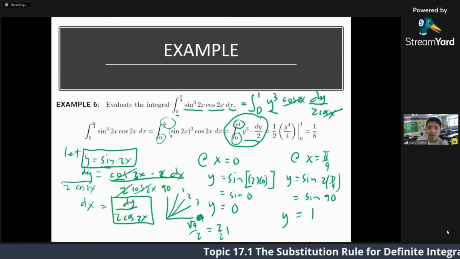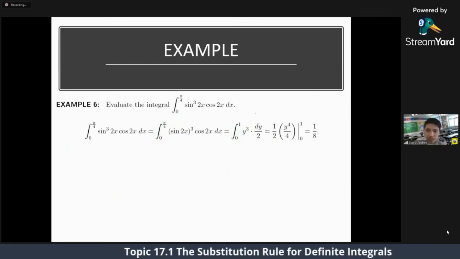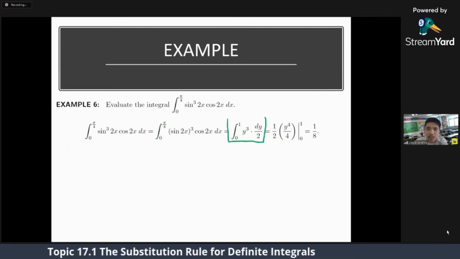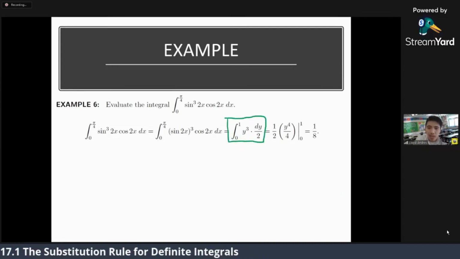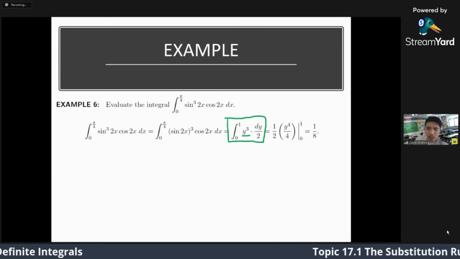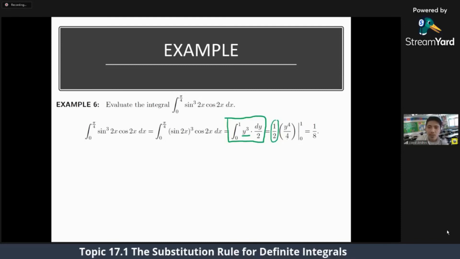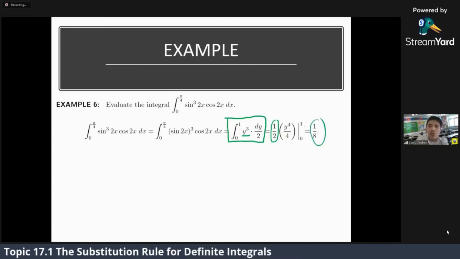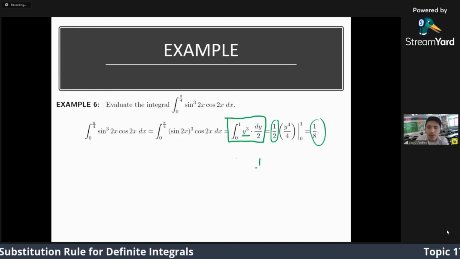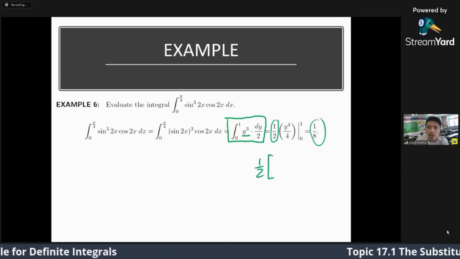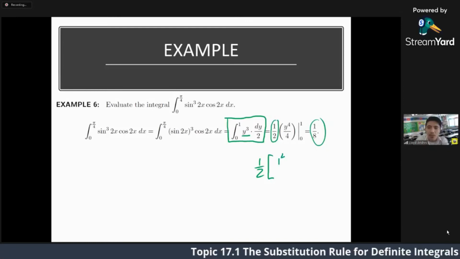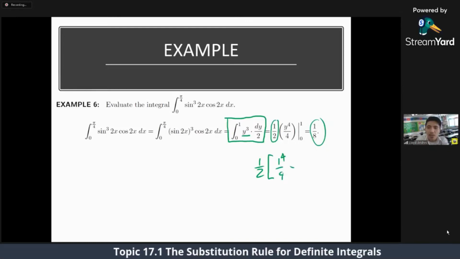So from that, we can now integrate. Since we already did the substitution, we integrate here. The 1/2 is factored out. Then the integral of y cube is y raised to 4 over 4, with limits from 0 to 1. So that's 1/2 times the quantity y raised to 4 over 4, upper limit 1 raised to 4 over 4 minus 0 raised to 4 over 4.